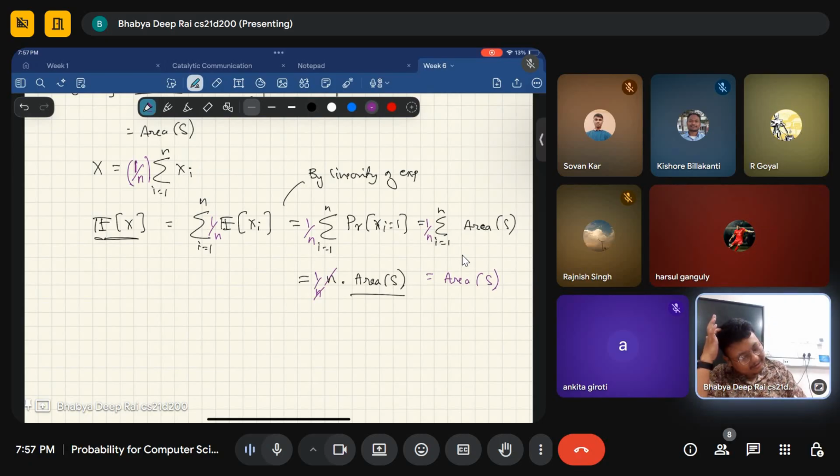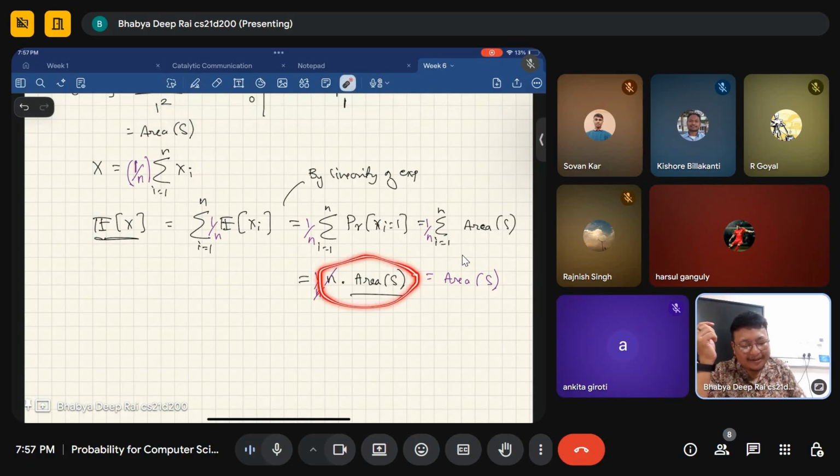So it's just an extra thing; you need not have done this. The final value you'll get is n times the area, the expectation of x. Each time you calculate x, you expect it to get closer and closer to the expectation, which is n times the area. So you divide the final answer by n, and therefore you get the area. That too is totally fine. This is just a shortcut.